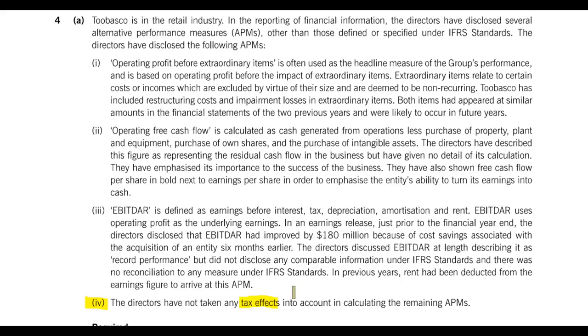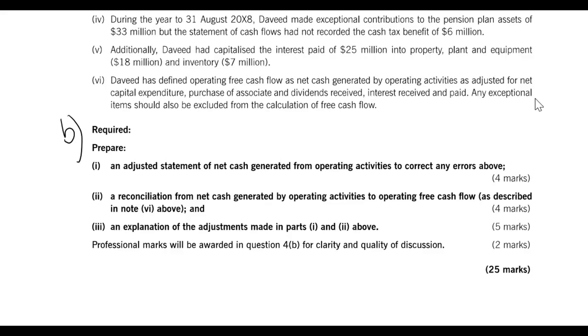And under each heading, there should be short, sharp, simple sentences making your point, trying to earn 1 mark each time. Anyway, let's have a look at part B of the question, which is also about alternative performance measures. The requirement of part B wants us to prepare an adjusted statement necessary to correct errors that have been included in net cash from operating activities.